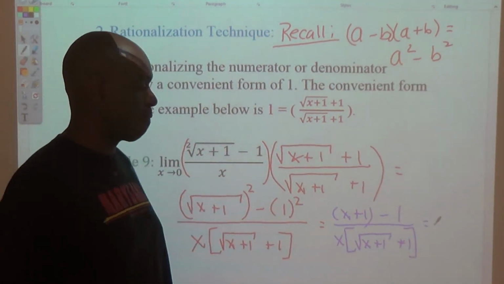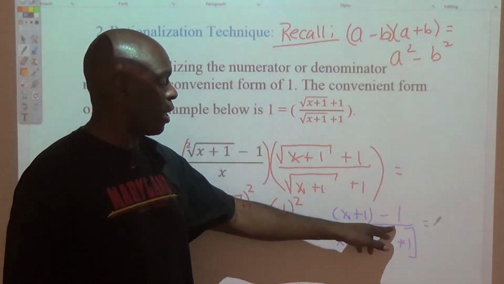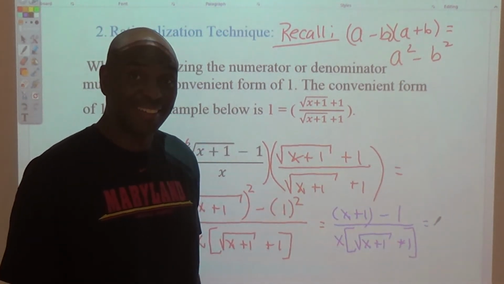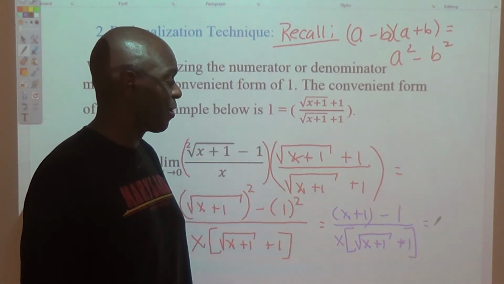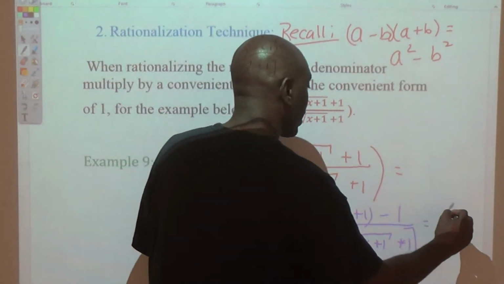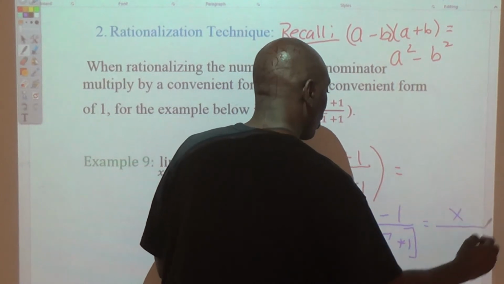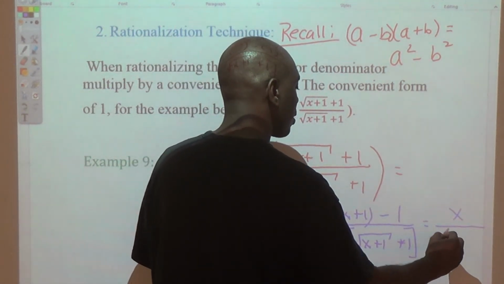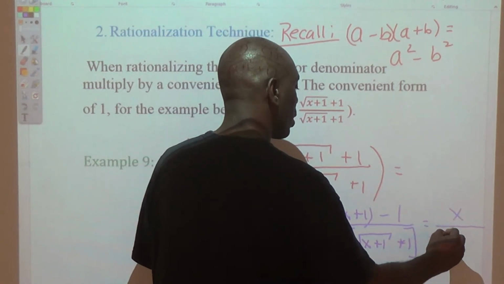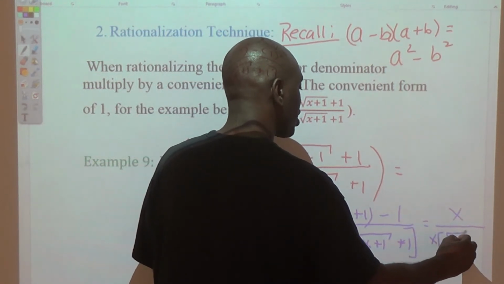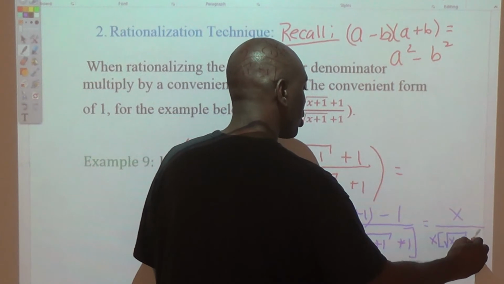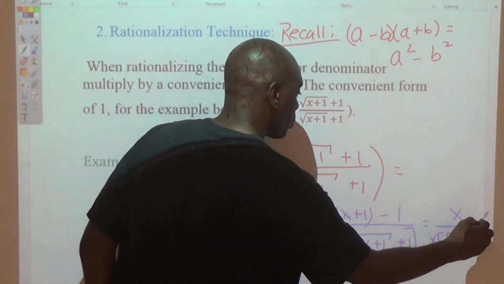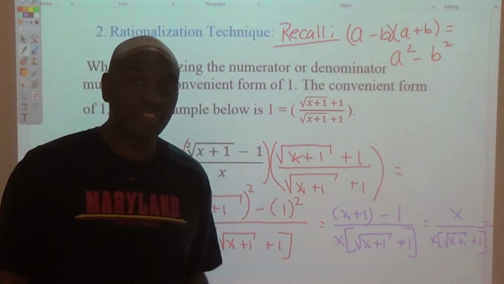Keep simplifying. Well, look, in my numerator, I have a plus 1 and a minus 1. They do what? That's right, they cancel out. So I'm going to have x right here, all divided by x times the square root of x plus 1 plus 1, all that in brackets. Good. Equals. Can you cancel anything else out?